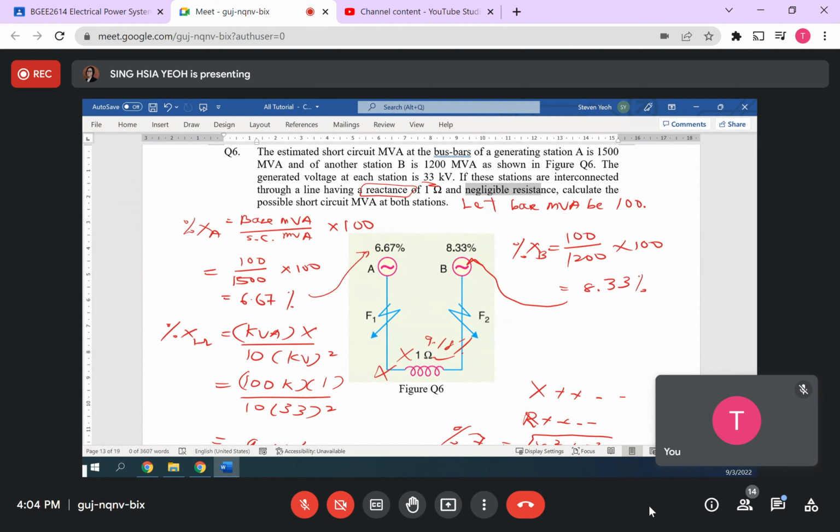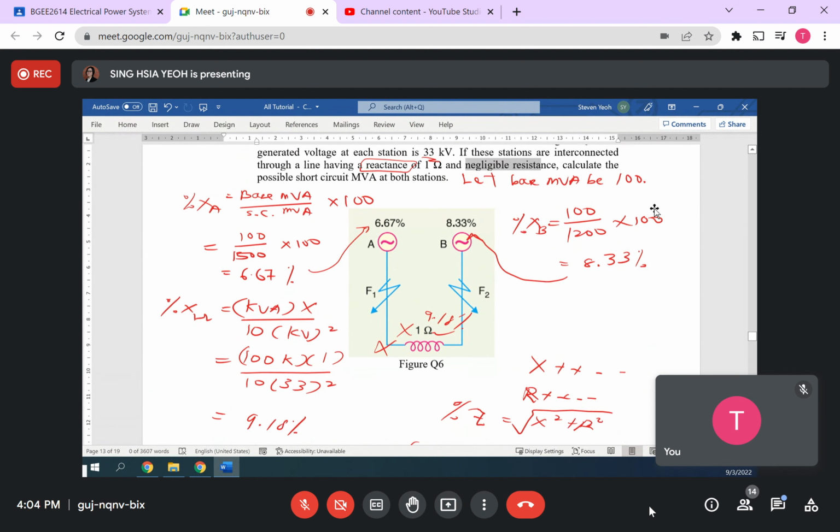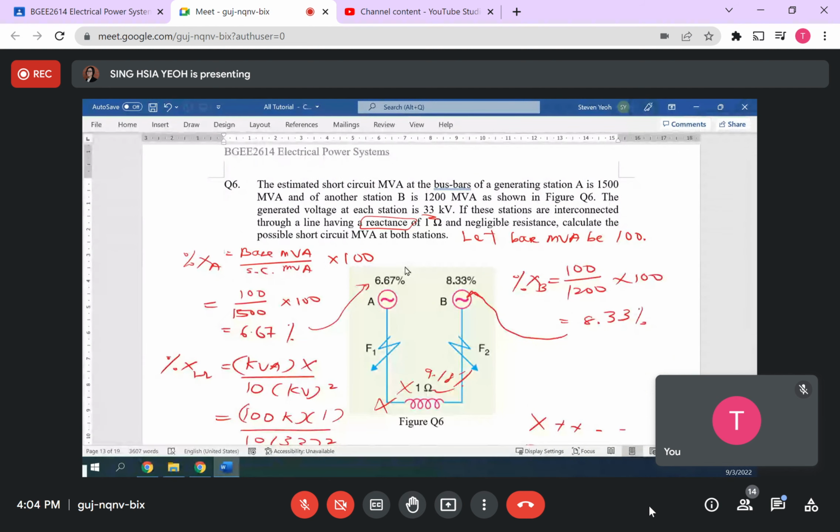Yeah, Nicholas asked: 6.66 is not at the base? No, 6.67 is at the base of 100. Actually, initially you don't have this value and this value. This is the diagram of the explanation, the answer diagram. So initially you only have this info.